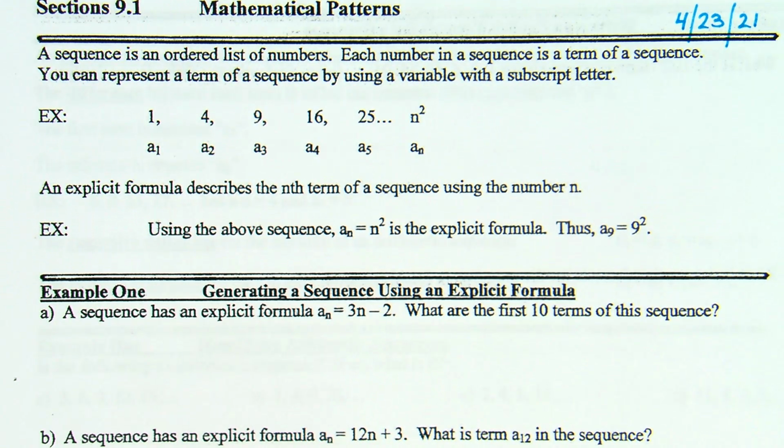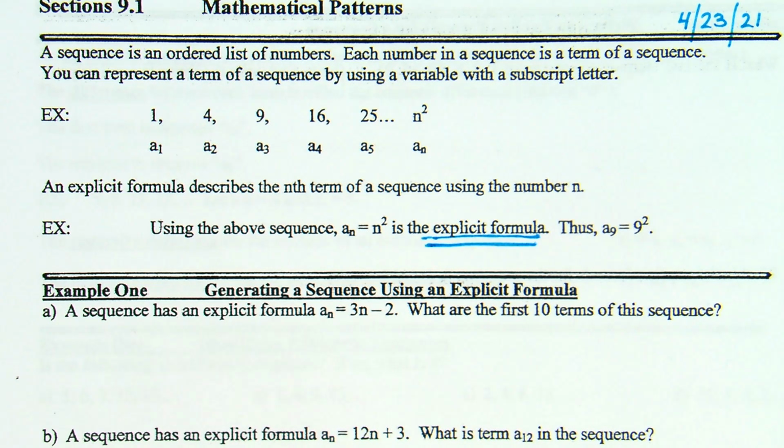So we're going to be talking about two different types of formulas. We'll talk about both of those. But in talking about this one, this is what's called the explicit formula, where your formula is described using n, and n represents the nth term.